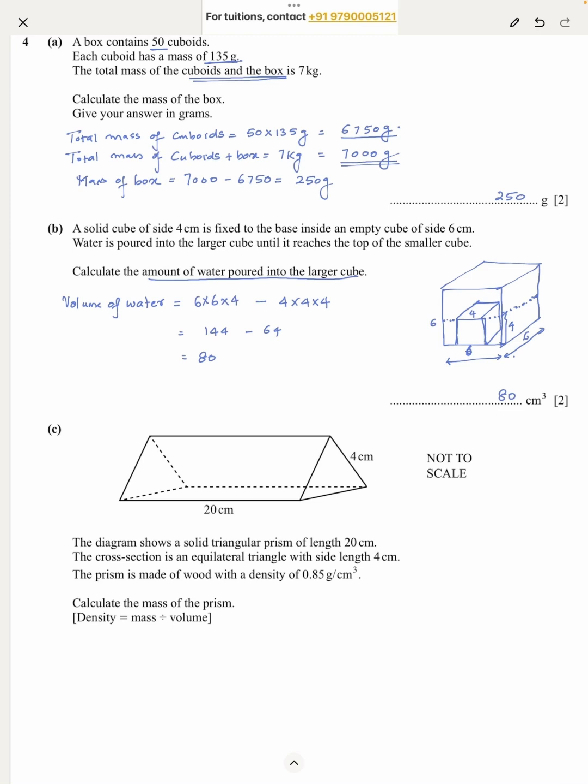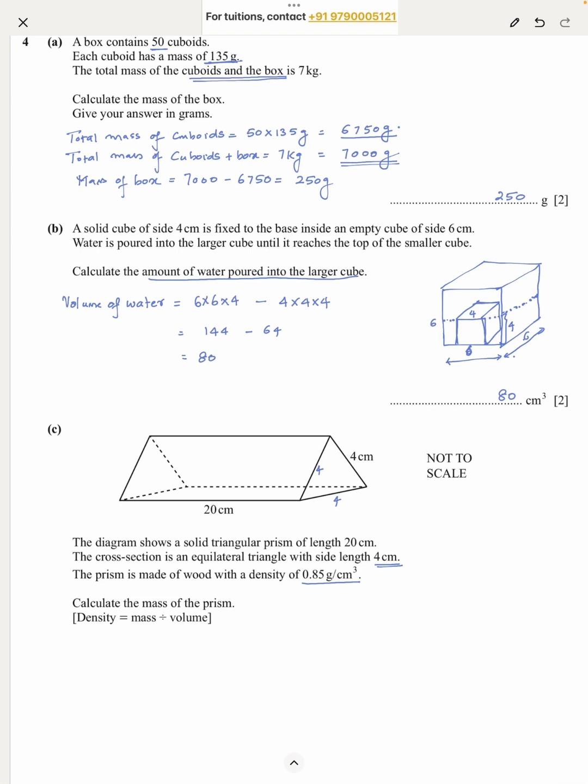The prism is made of wood with a density 0.85. So density is given and this triangle side length is given. So all are 4. That means it is an equilateral triangle. So all the sides are 4 and the length of the prism has been given.